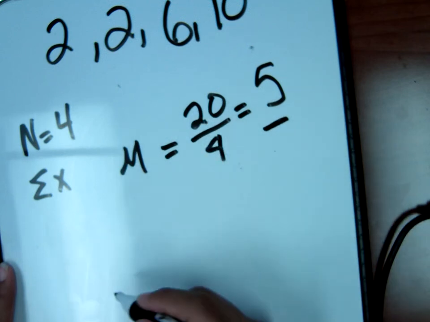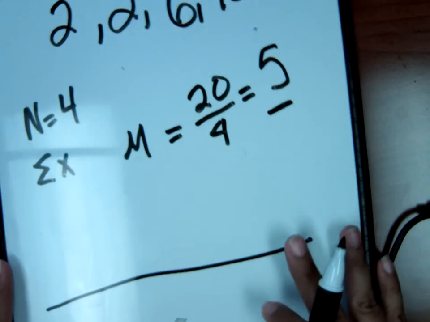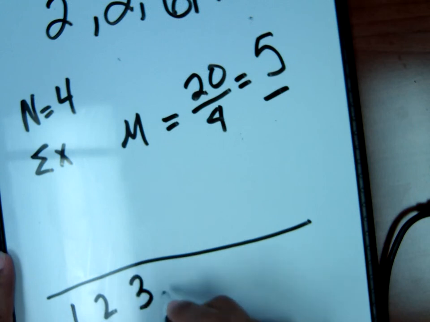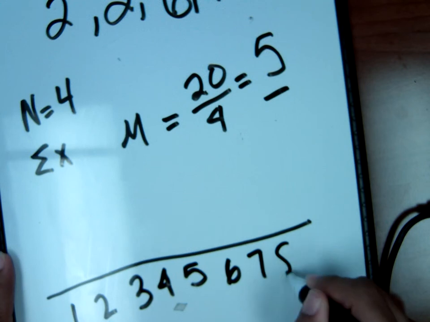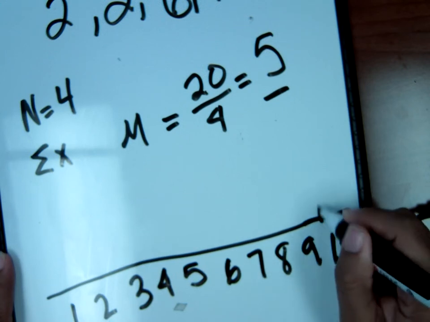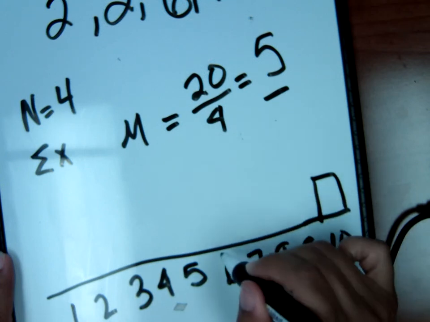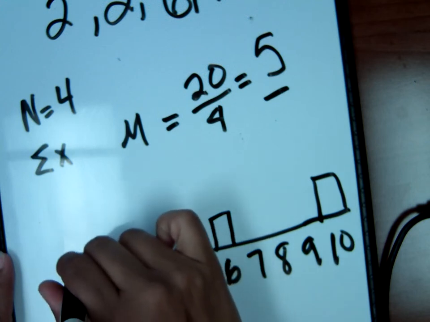Because if I were to put these numbers out on, let's say, a number line, bear with me. 1, 2, 3, 4, 5, 6, 7, 8, 9, 10. Here's my number line. I've got a weight at 10, one weight there. I also have a 6, so I'm going to have a weight here, and I also have 2 weights here.